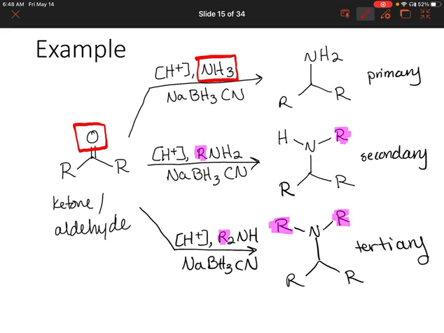And instead of a double bond, we'll end up with a single bond between carbon and nitrogen. So maybe what we could do is kind of chop that bond between carbon and nitrogen in half. And on one side would be our ketone, and on the other side is our original amine.